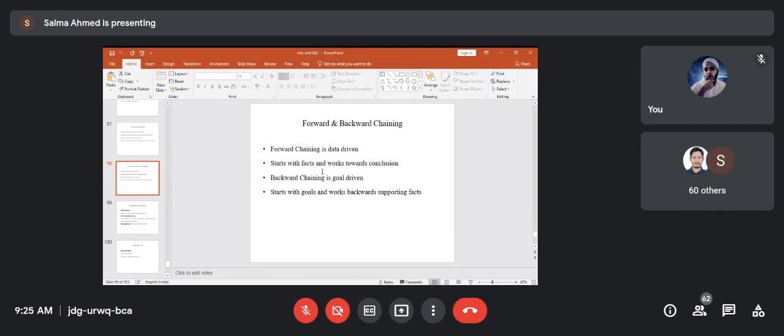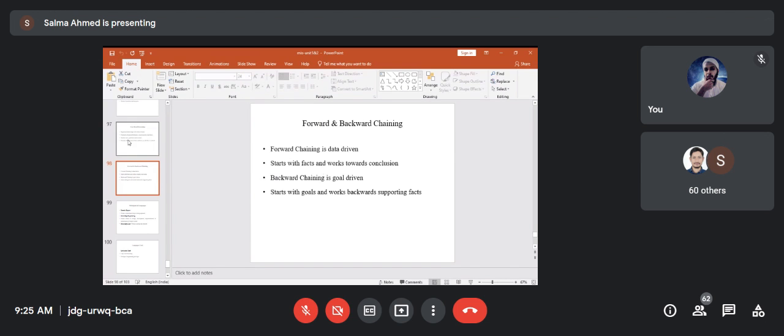I add a certain profit margin and then I sell it. In a reverse situation, like in the case of the Nano, we started with the market cost. I will launch a 1 lakh car and then work backward to derive the cost of tires, gear and engine, the aluminum body, and so on. So it's similar. In forward chaining, we go on collecting facts, and then we come to a conclusion. In backward chaining, we start with a goal and try to support it with facts.